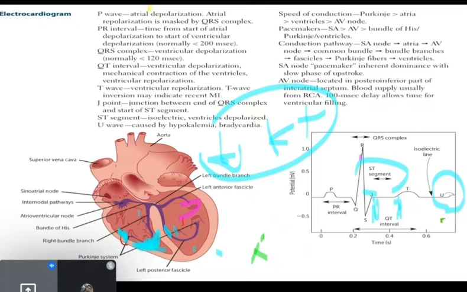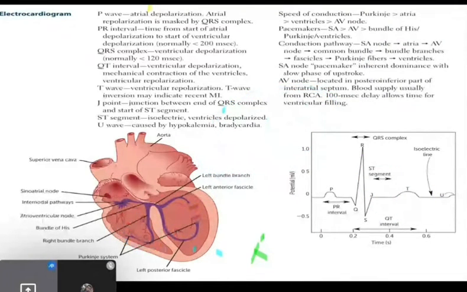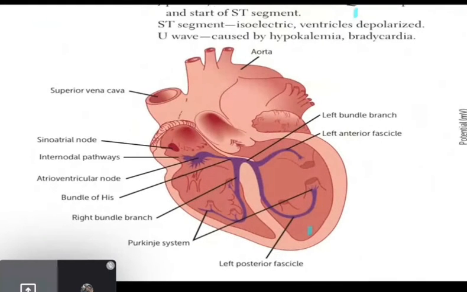Now, the speed of conduction for this one, let us take a look at the other picture to understand the speed of conduction.